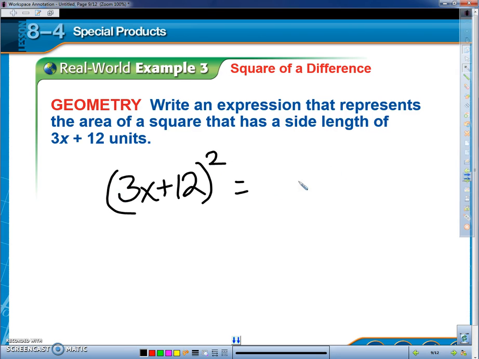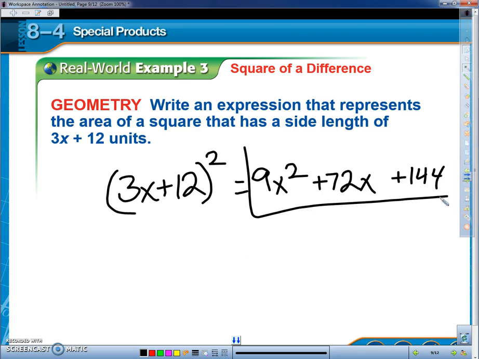And if I reduce that down, simplifying in my head, 3x squared is 9x squared. 12 squared would be plus 144. Multiply them together, 36x, double it, plus 72x. That's going to be my answer right there.